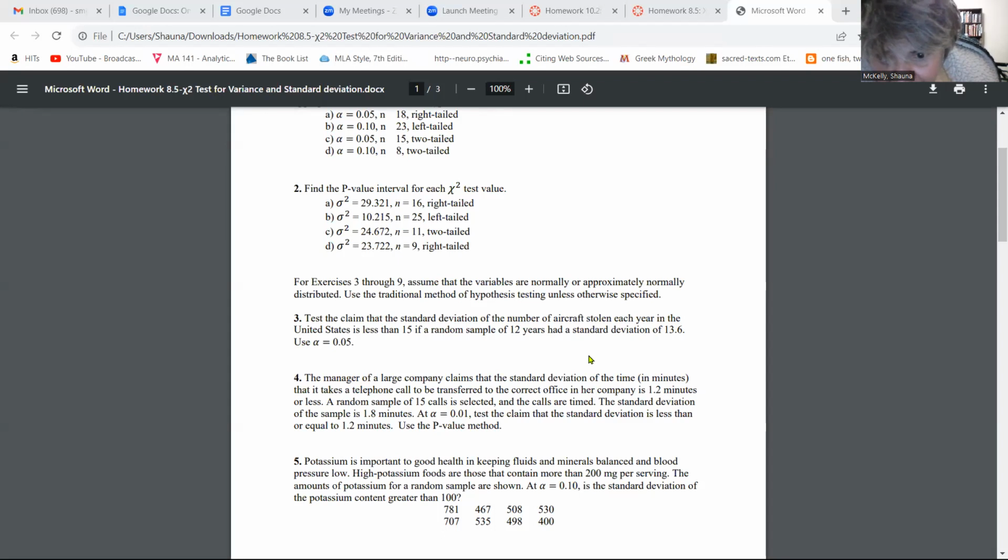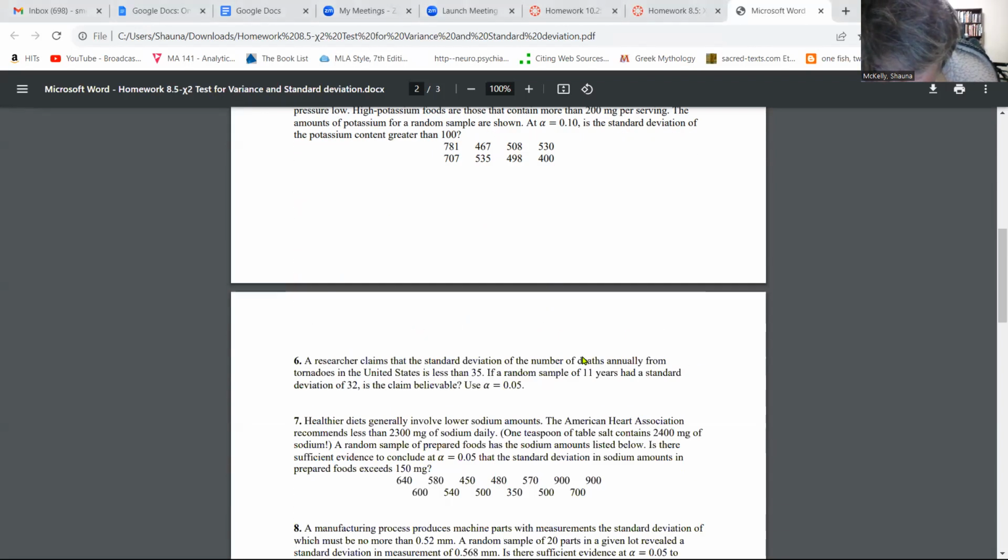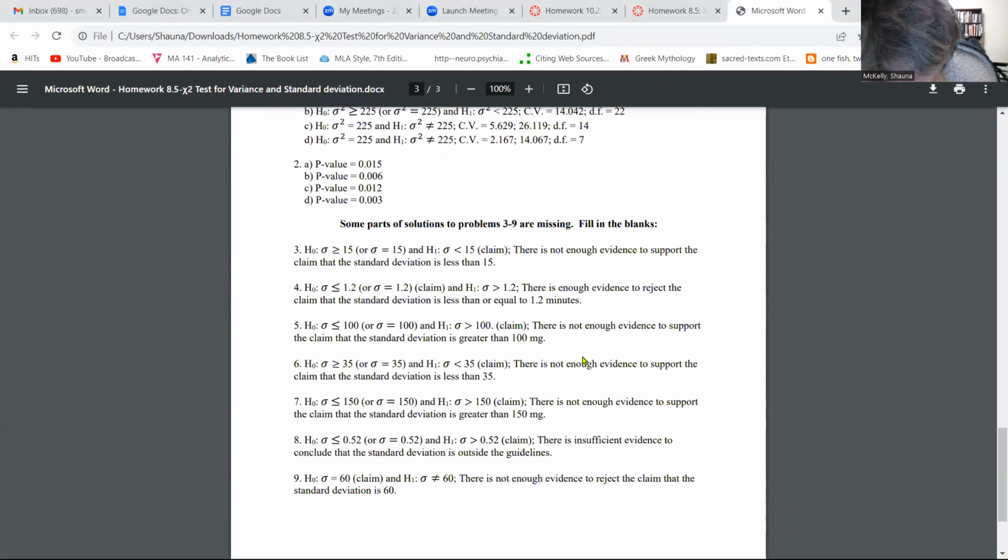You can see that you scroll down, 0.015. She rounded to 3. If we round to 4, we get 0.0146. If you round it, you get 0.015. So that does match. Okay.